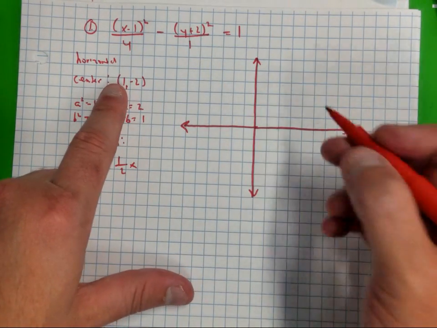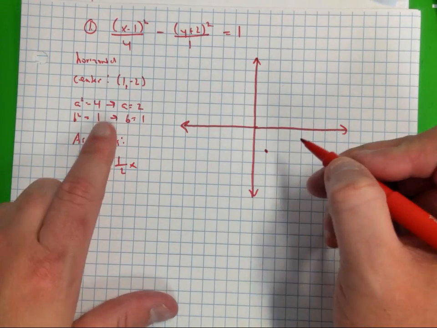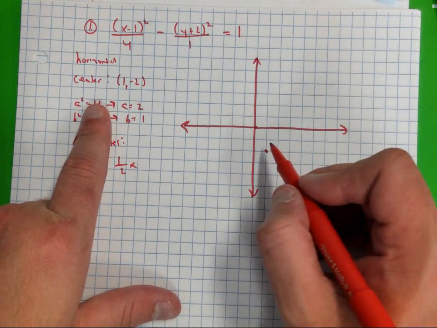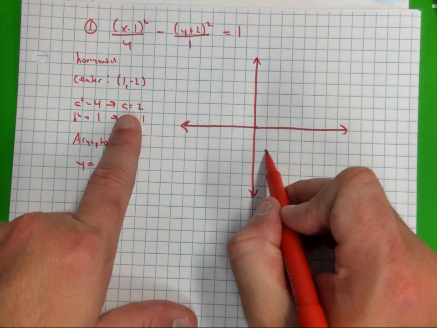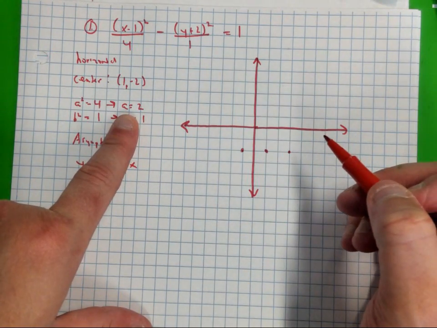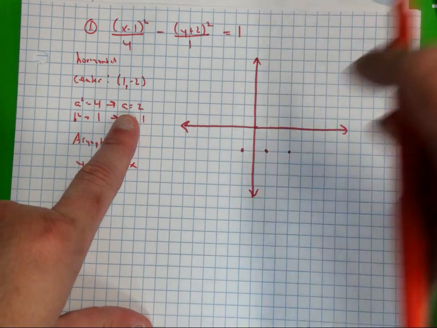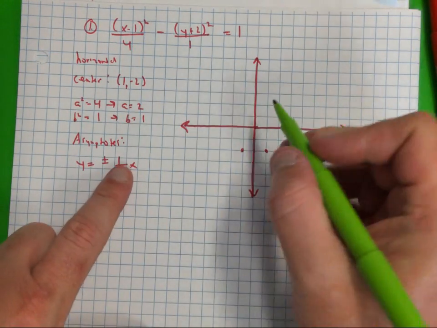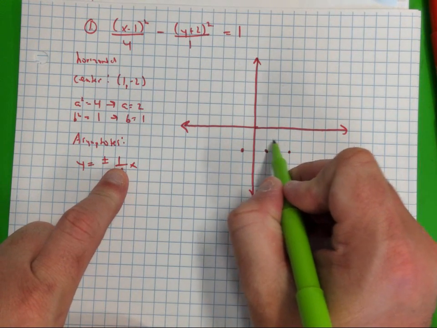I'm going to graph my center first, 1, negative 2. I only use my a part to graph my vertices. Since this is horizontal, I'm going to go right 2 and left 2. Now I'm going to use my asymptote equation to draw my asymptotes. Start at the center, go up 1 over 2.